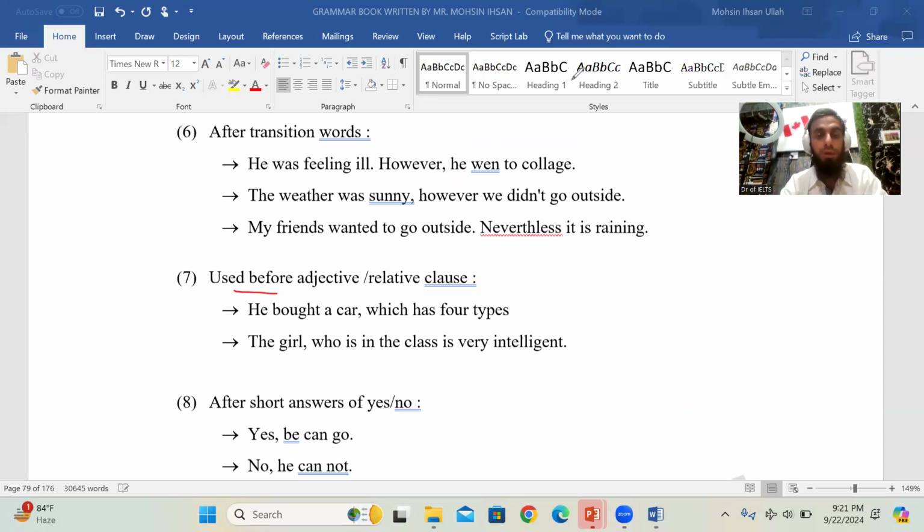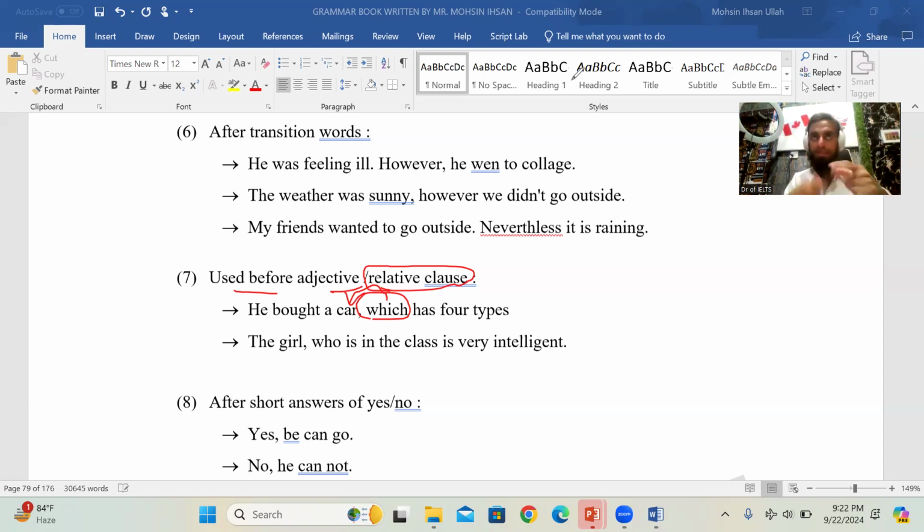Now, use before an adjective clause. What does it mean? Adjective clause, firstly, a very simple definition. An adjective clause is the clause in which we use a pronoun like which, that, or who, and that actually reflects the previous noun.